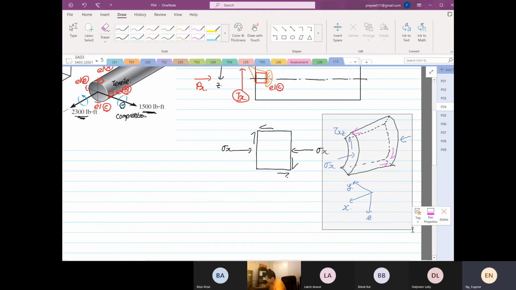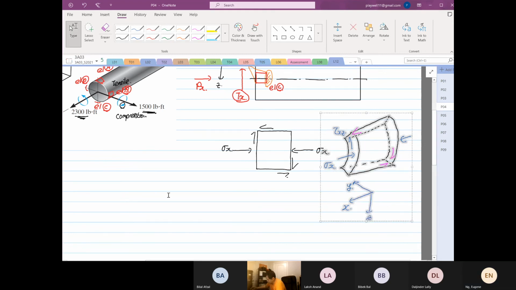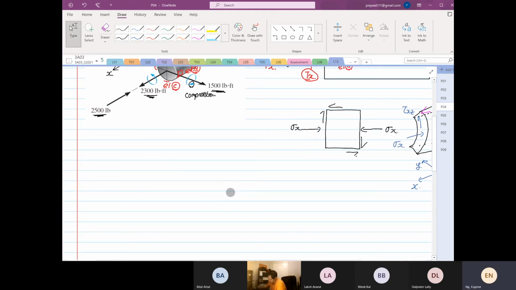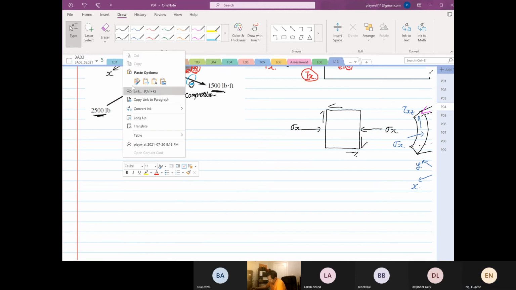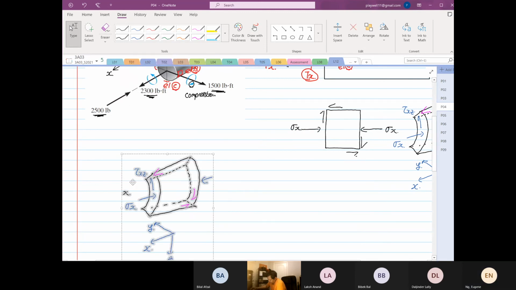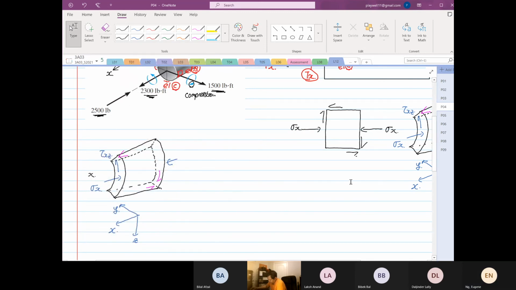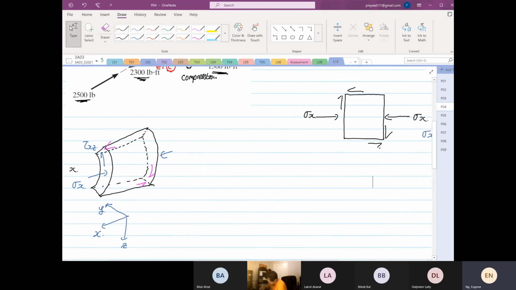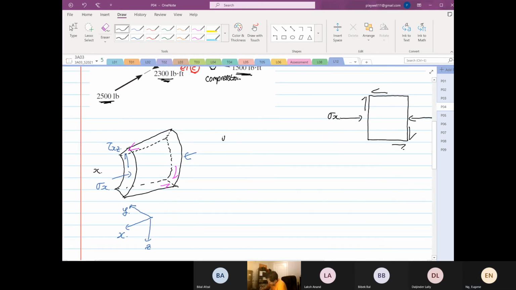Copy this element. And I'm going to come here. So we know that stress X is negative, right? We know that stress Y is equal to 0. We know that stress Z is equal to 0, right?